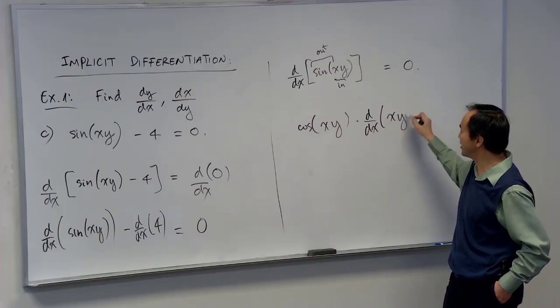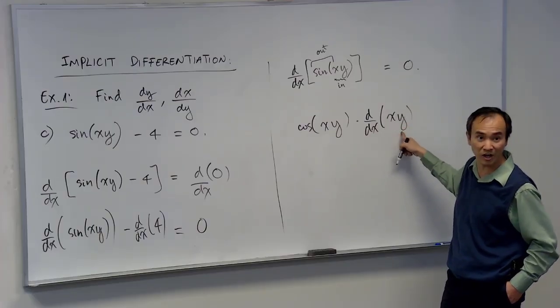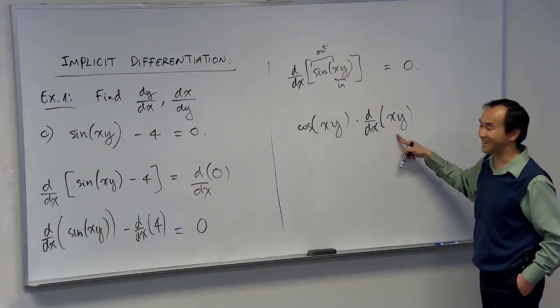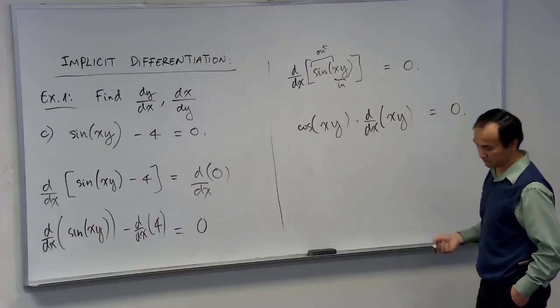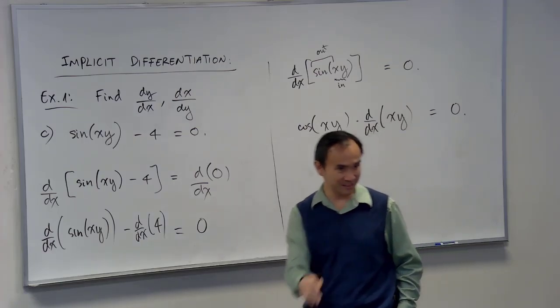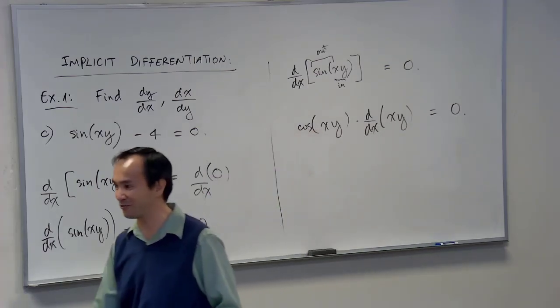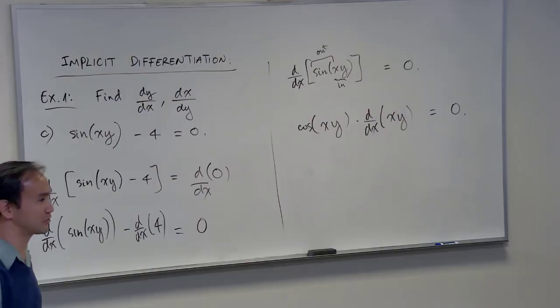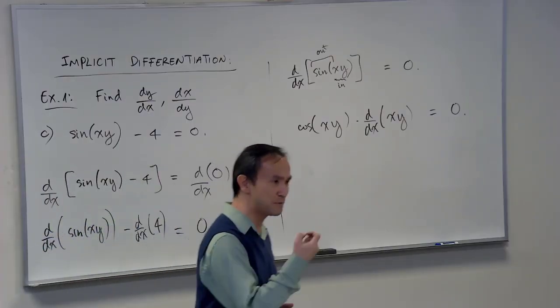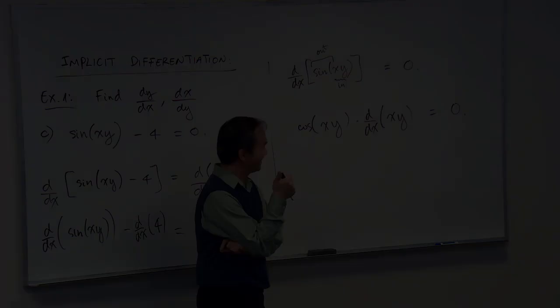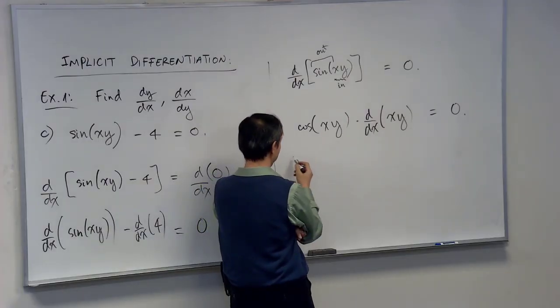It means differentiating the product x times y. You guys with me now? And then making that all equal to 0. You see how we go with the chain rule right there? The chain rule keeps being reinforced in these problems. Implicit differentiation is built on top of the chain rule. And so the cosine of xy is pretty much done.